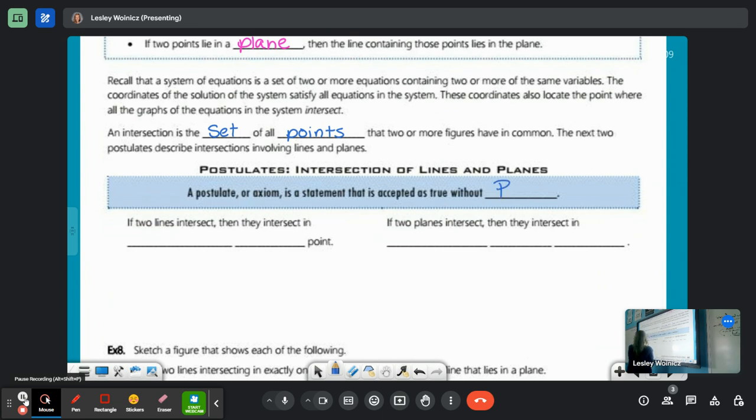Proof. It's supposed to be self-evident. Okay, get your lines. If 2 lines intersect, pow, they intersect in exactly how many points? Yeah, exactly 1 point.